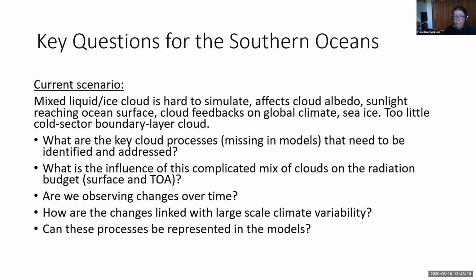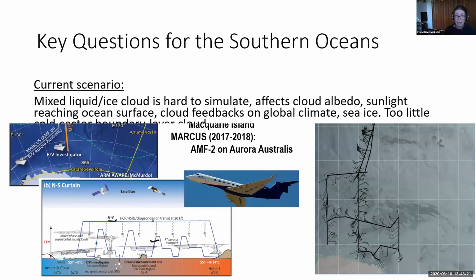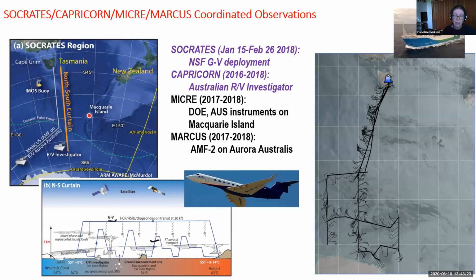So what's in our toolkit that will enable us to do this? Well, harsh conditions in the southern oceans make measurements really challenging, but there's been a lot of international interest in the last couple of years, and this has resulted in quite a few campaigns joint with Australia, in particular Steve Siems has been involved with some of these campaigns.